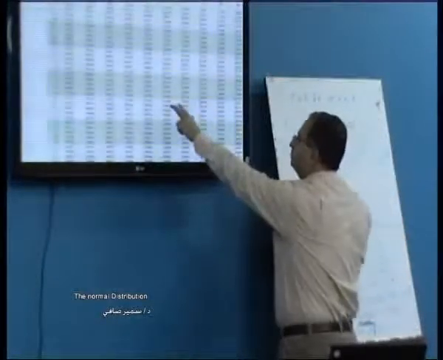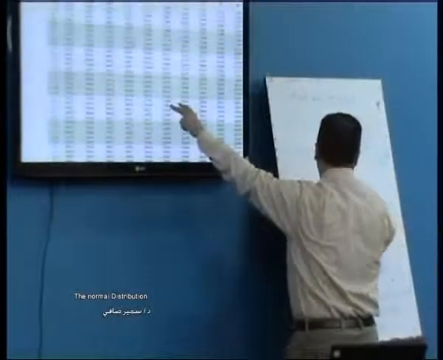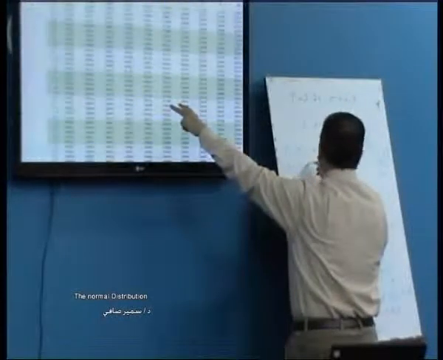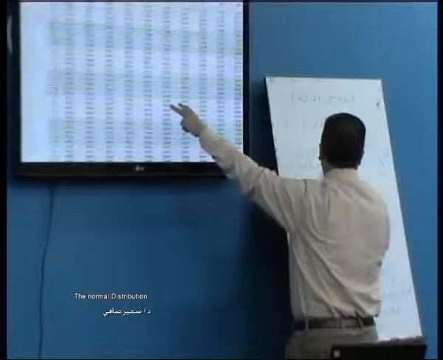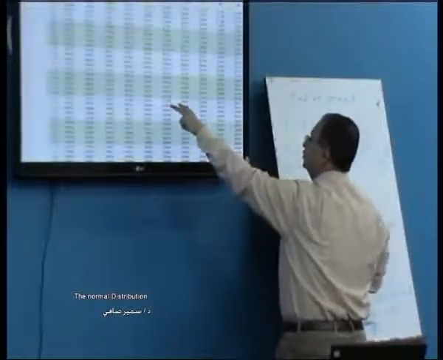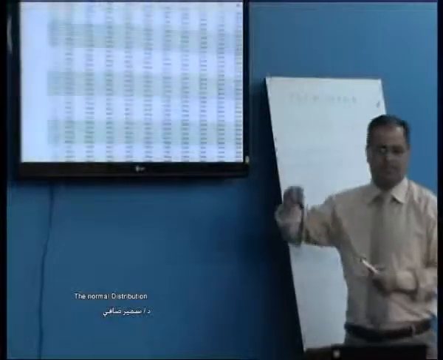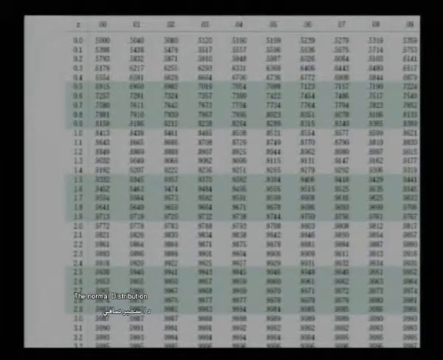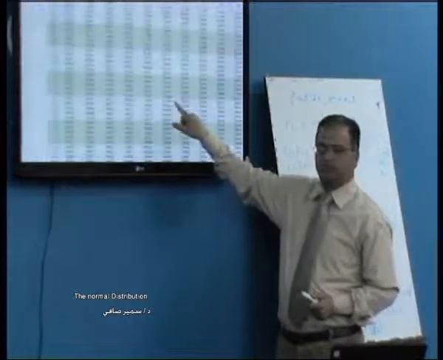So your z-score could be 2.05 or 2.06. So again, in this case, the table does not give the exact value. So the approximate one might be between them exactly, or just take one of these.